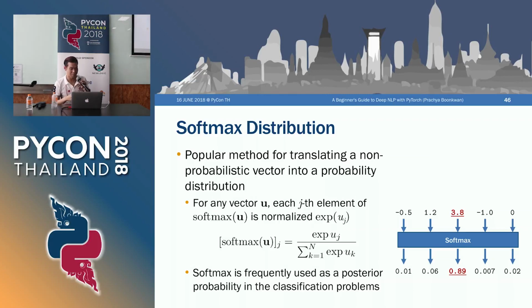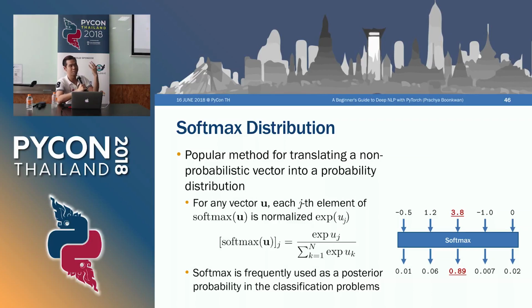The softmax distribution is a popular method for translating a non-probabilistic vector into a probability distribution. For any element j of the result, it is actually a normalized exponential of the input value. For example, if you take a look at the diagram on the right, you've got values which are not probabilistic at all, because they contain negatives, and some of the values are more than 1. We want something between 0 and 1.